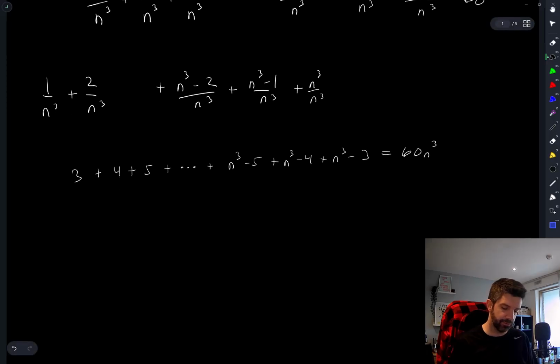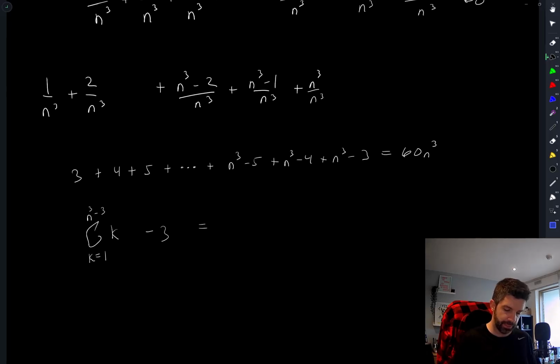Okay, and the left-hand side is the sum of k, where k goes from 1 to n cubed minus 3. But then I have to subtract the first two terms, so that's this minus 3.